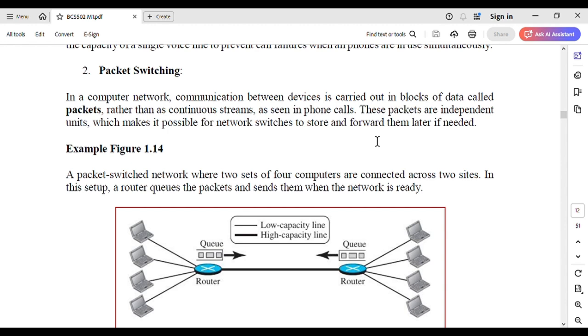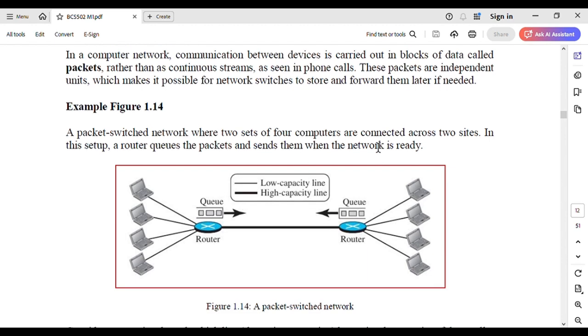In packet switching we use a store and forward mechanism by means of switches or routers. If any problem happens in the network, the packet is stored, and then the shortest path to reach the destination is found.